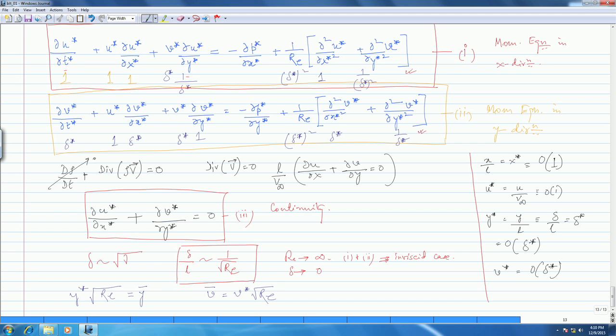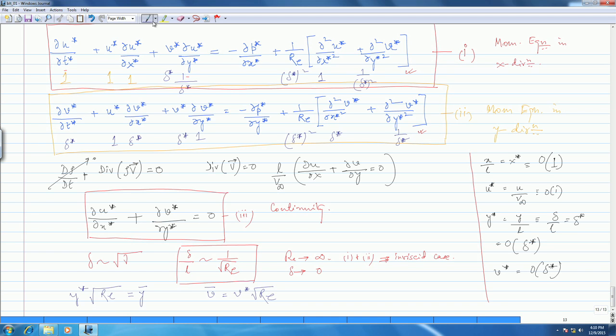In that case, this whole thing is not going to degenerate anymore, and the viscous terms are not going to go away, as long as I multiply this by Re. If I do that, I am going to introduce this expression into these equations 1, 2, and 3.